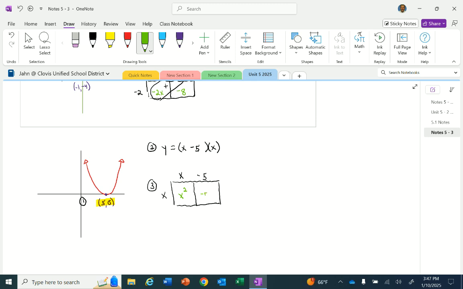The right box would be negative 5x, which is the result of negative 5 multiplied with x, which means that I now move on to step 4, which is I write my quadratic equation. Y is equal to x squared minus 5x. There you go. Y equals x squared minus 5x would be the quadratic equation for the given parabola in example number 2.